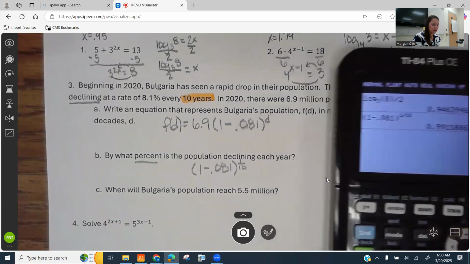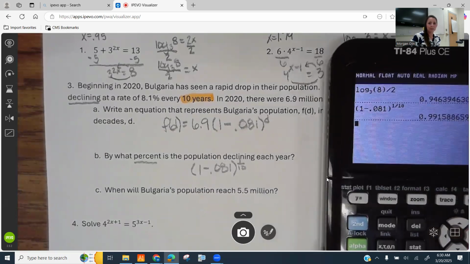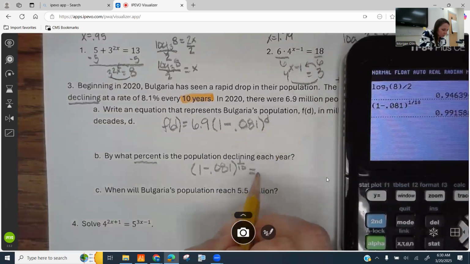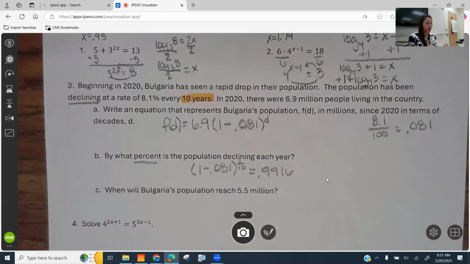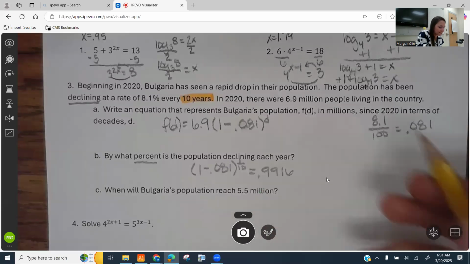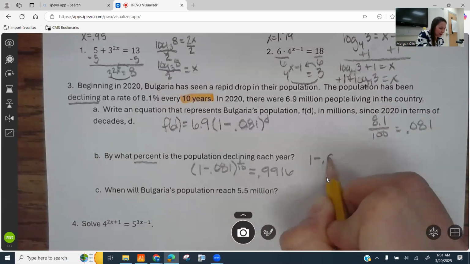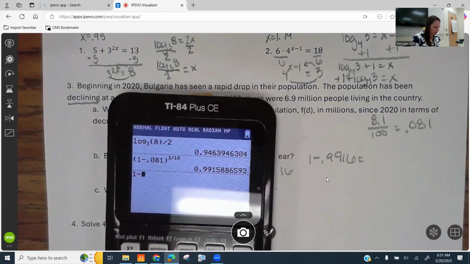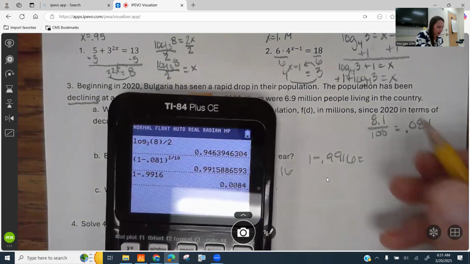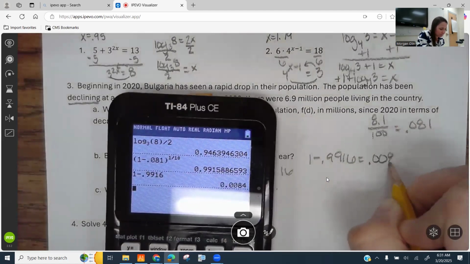All right, so here I get, and I'm going to leave 4 decimal places here, 0.9916. I need to change this to a percent. However, remember this is declining, so think about how far away from 1 this is. So I say 1 minus 0.9916, and I get 0.0084.